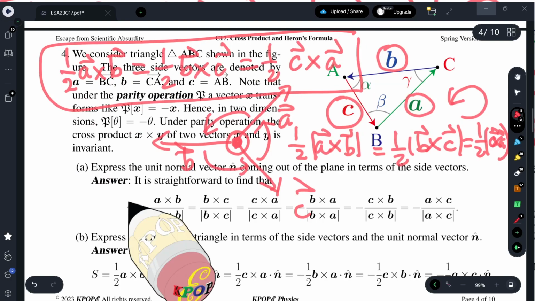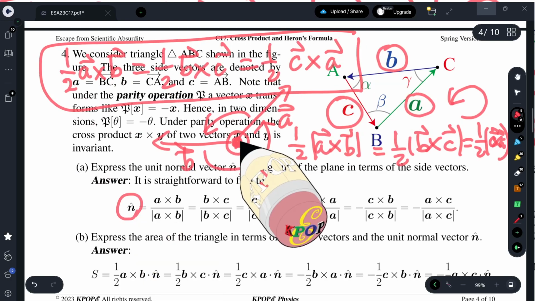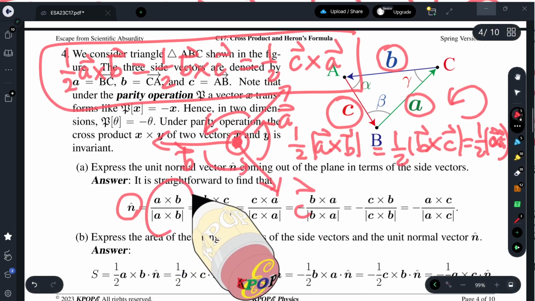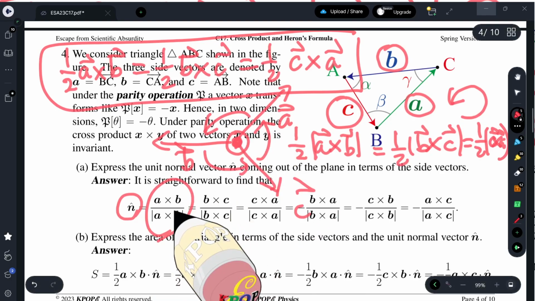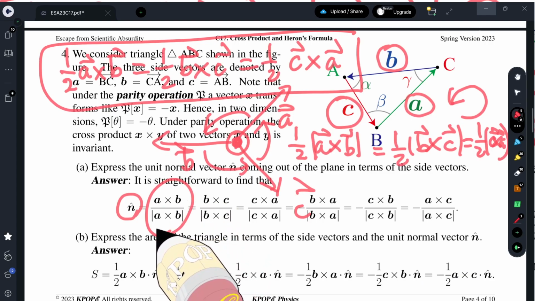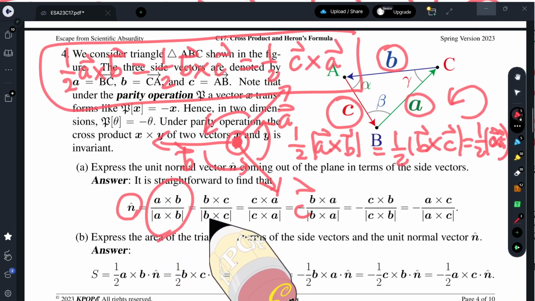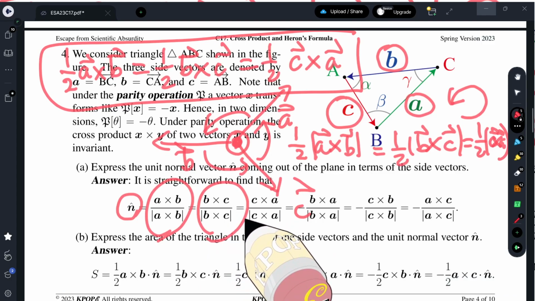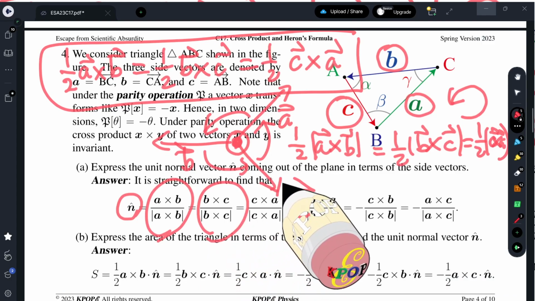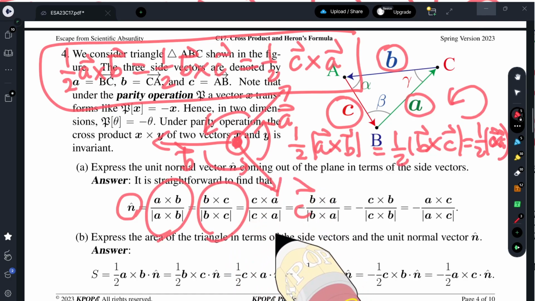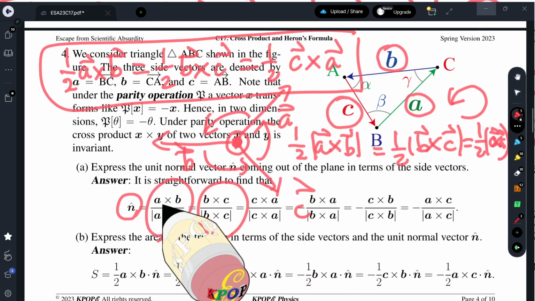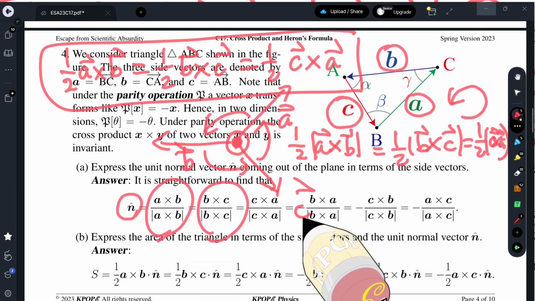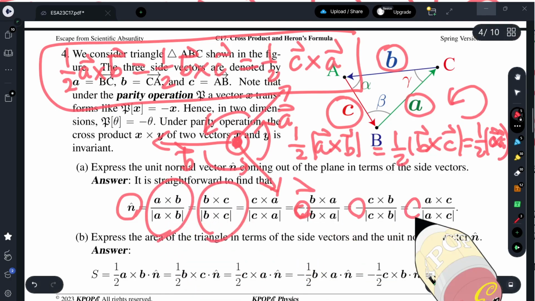In addition, the unit vector that is coming out of the plane can be obtained by dividing A cross B by its own magnitude. In a similar manner, B cross C divided by its magnitude, C cross A divided by its magnitude. If I exchange the order of the cross product, there should be a negative sign on it.